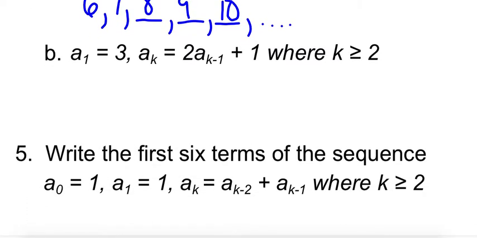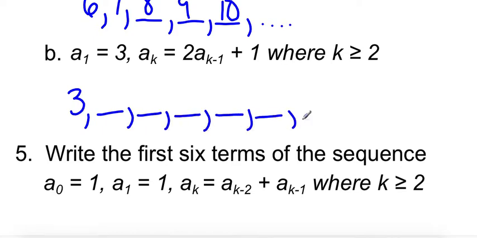All right, so this is telling us that A1, the first term, is 3. We want to write the first 5 terms. So what this is telling us is if we want to find A sub k, we take 2 times A sub k minus 1, plus 1. Well, we need to think about how those are related.